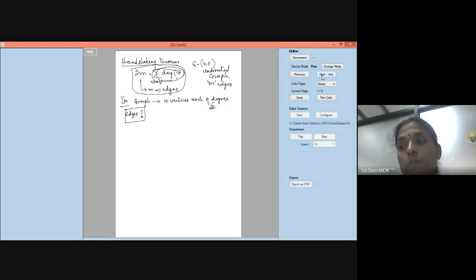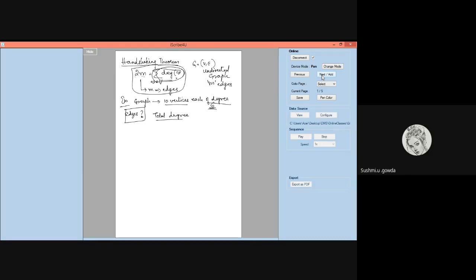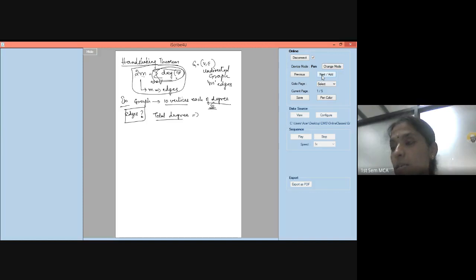Can you tell me the answer? m is the number of edges. What are we given here? We are given 10 vertices, each of degree 6. So what is the total degree? 60. Yes, 60.